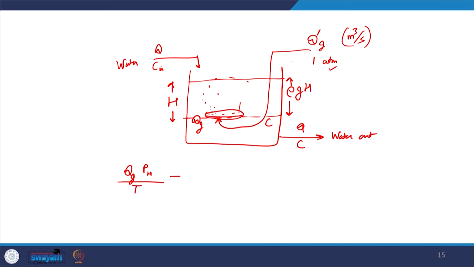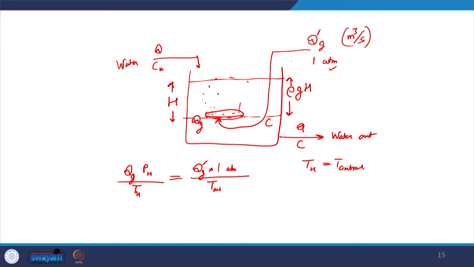We can assume the temperature to be the same. We start from Q_g dash multiplied by 1 atmosphere, because at this condition it is only 1 atmosphere, and we can assume T at depth h to be the same as T at ambient condition.